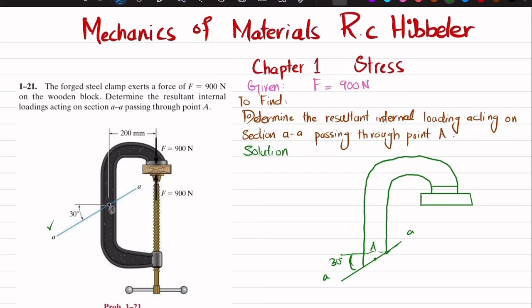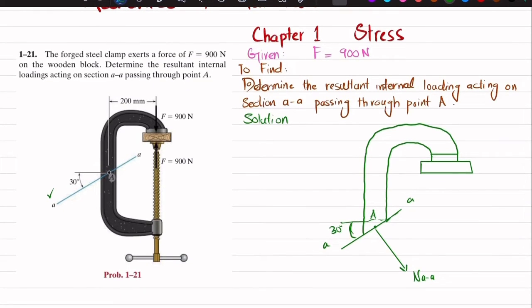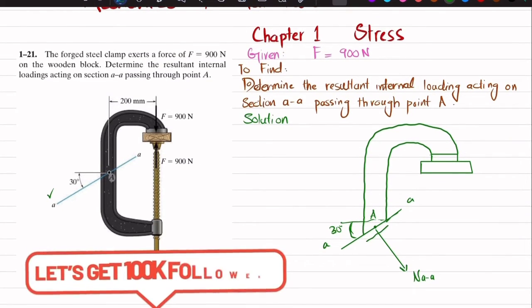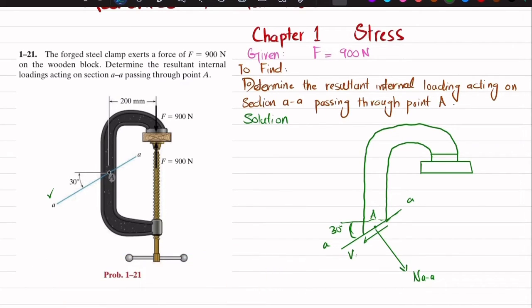Now when you cut it, you will have a normal force acting on this surface, which is NAA. You will have a shear force on this face, VAA, and a moment, MAA.